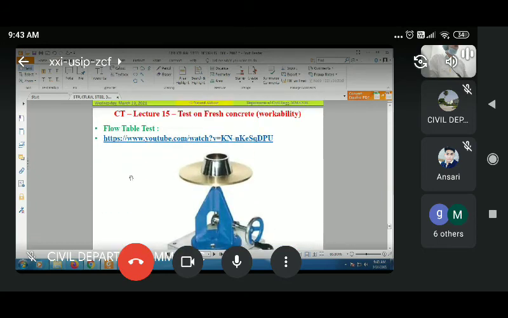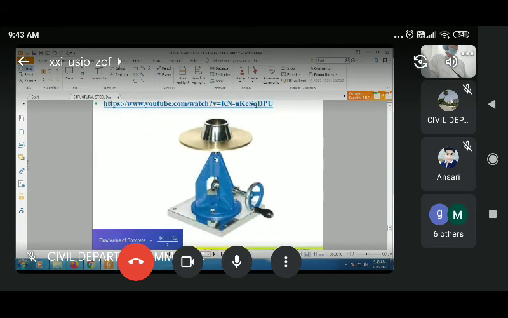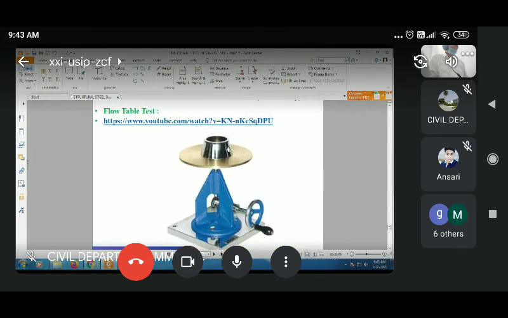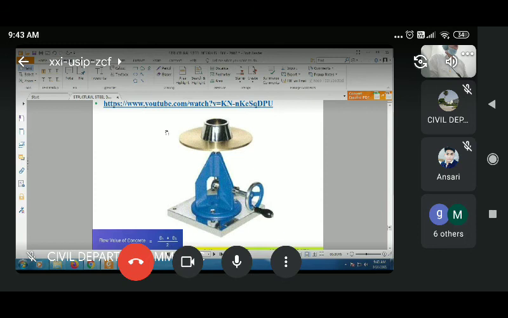Then another apparatus for the flow table test is like this. The upper table is the round portion, and then the slump cone, and this handle is used for the jolting.